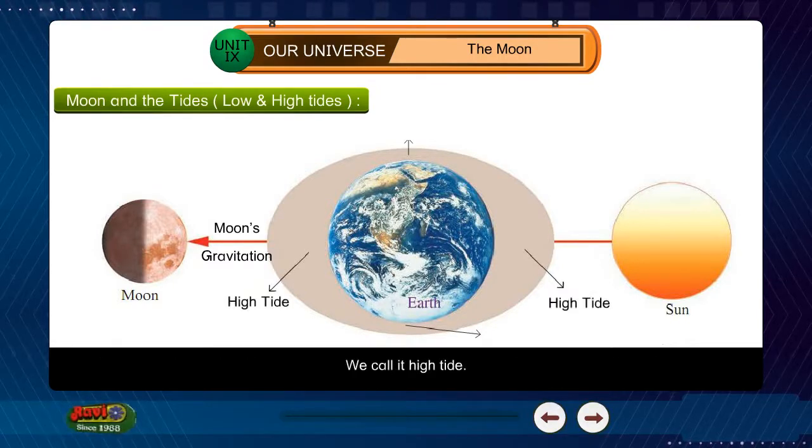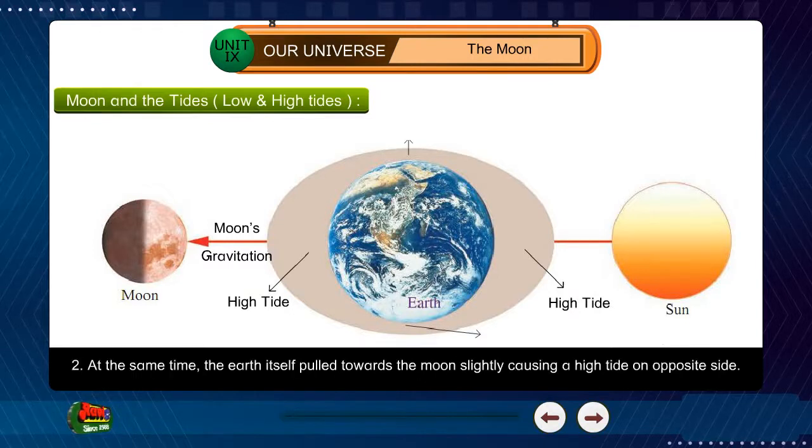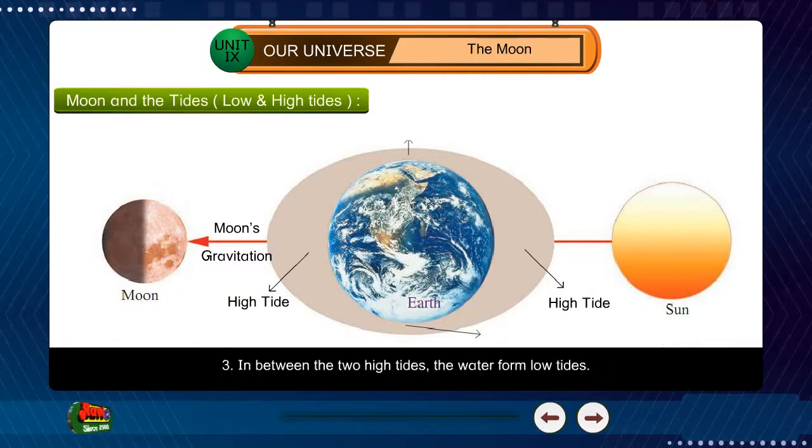We call it high tide. 2. At the same time, the earth itself is pulled towards the moon slightly, causing a high tide on the opposite side. 3. In between the two high tides, the water forms low tides.